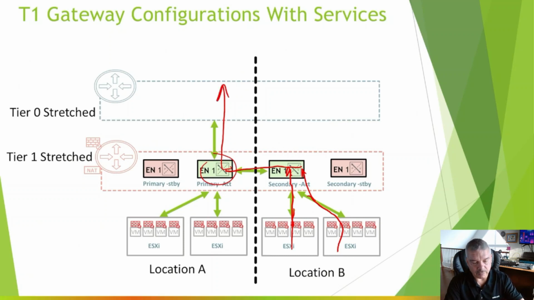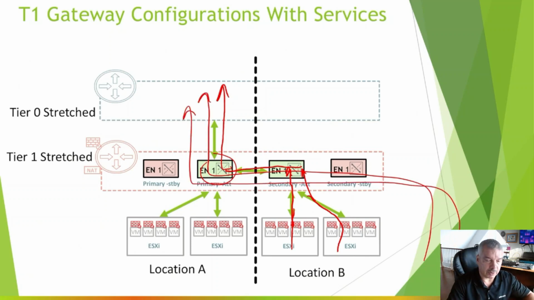So imagine if you had 8 sites here and they're all firing their stuff out like this. So that could get a little challenging, because that service is running actively on this one here. So something to think about if you decide you want to stretch your tier 1s and you want to put a service on it, that might be a bit of a challenge.